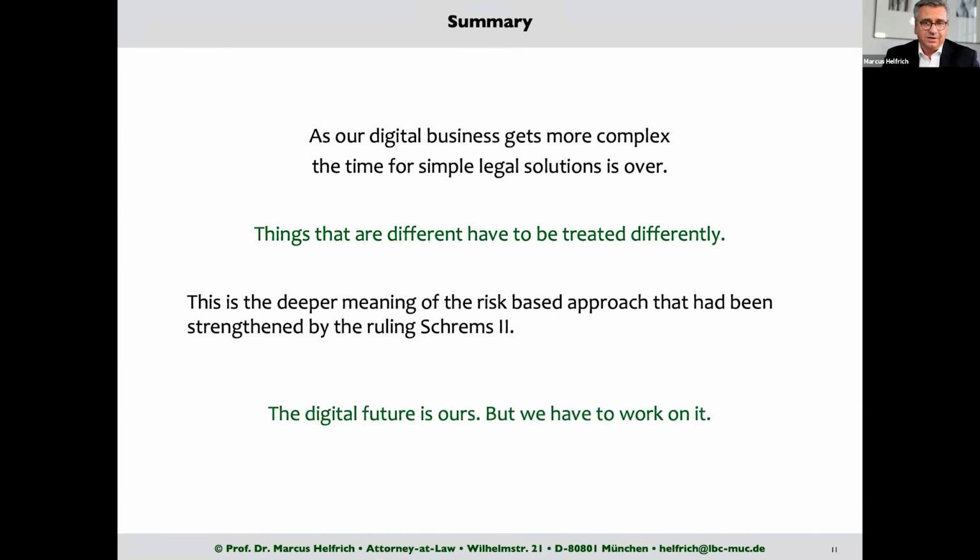And I think the result of the Schrems 2 ruling and the activities of the EU Commission and the European Data Protection Board are a sufficient basis for an optimistic position, because the digital future is ours, but we have to work on it, and not wait for institutions and a legislator who is traditionally slower than companies and business models might ask for.